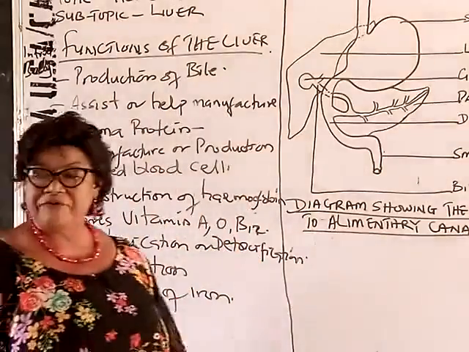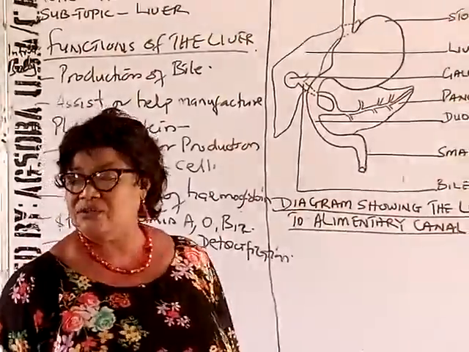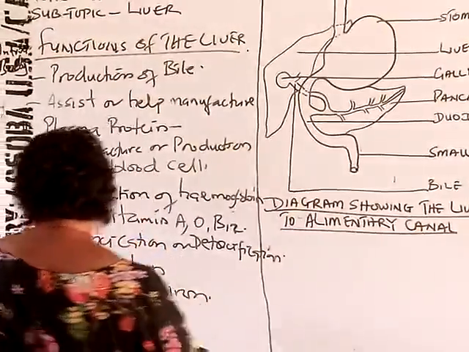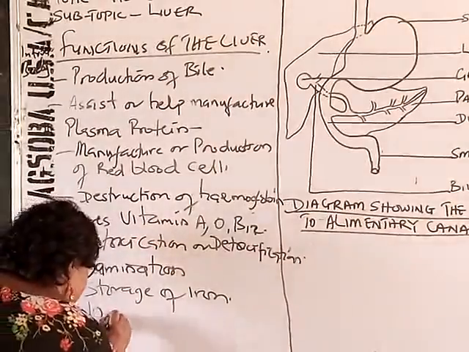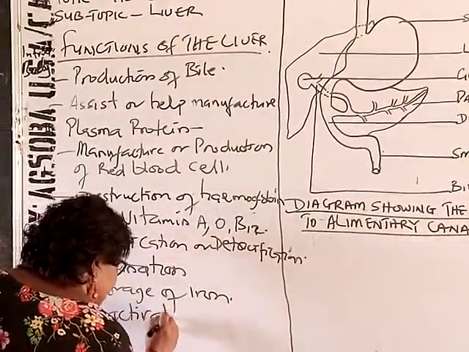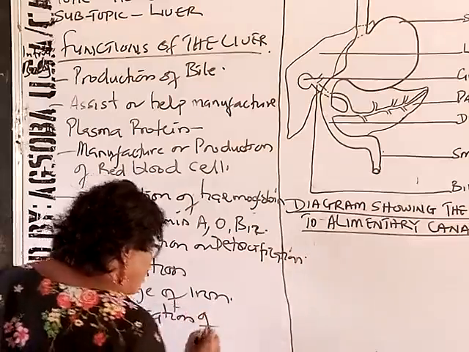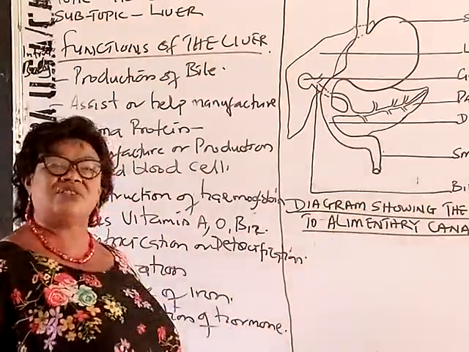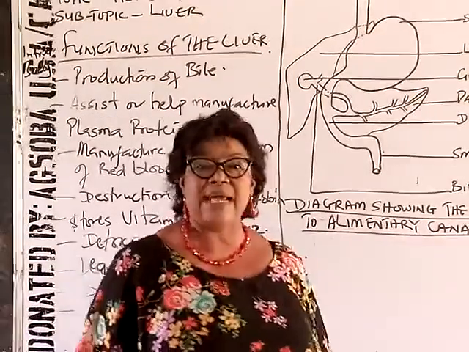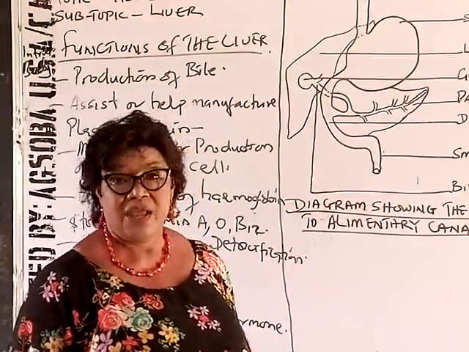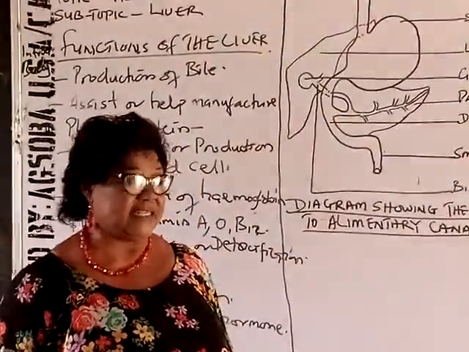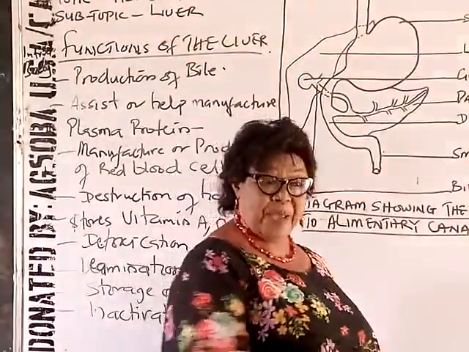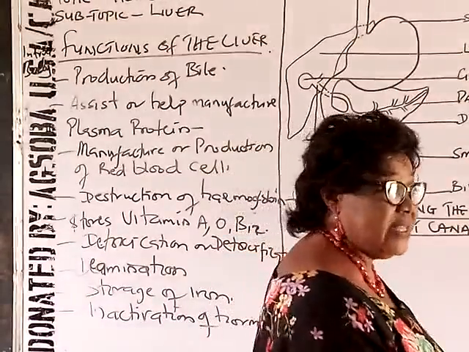It performs another function, and that is inactivation of hormones. So it makes some hormones not to be active. Example of such hormone is testosterone. Remember, testosterone is a hormone that stimulates the production of sperm during adolescent stage.